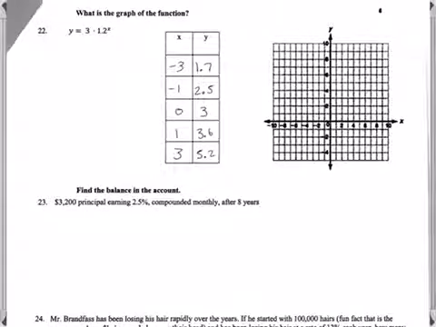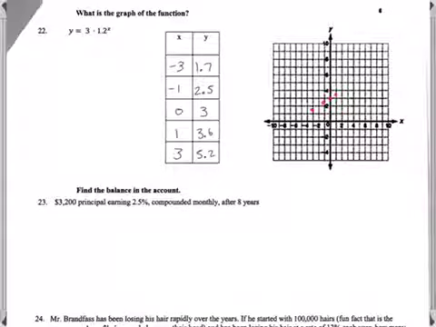And so we'll plot these points. So -3, right around there. -1, right around there. 0, right around there. There we go. And then 1, we're at 3.6, so we're up a little higher.